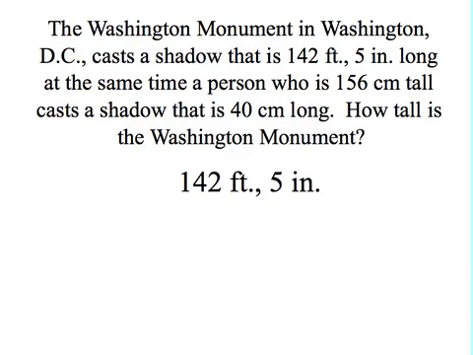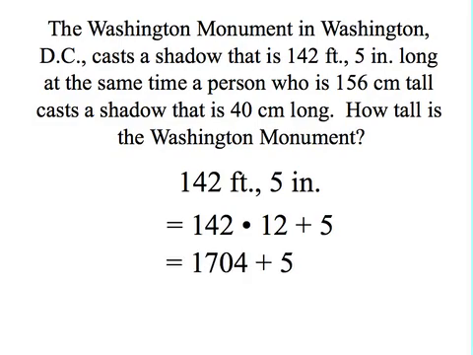To do that, I start by writing 142 feet 5 inches, and then I know that there's 12 inches in a foot, so I multiply the 142 feet by 12, and that gives me 1,704 inches in 142 feet. I add the additional 5 inches, and I get that the shadow of the Washington Monument is 1,709 inches long.